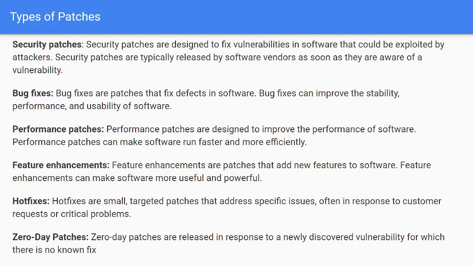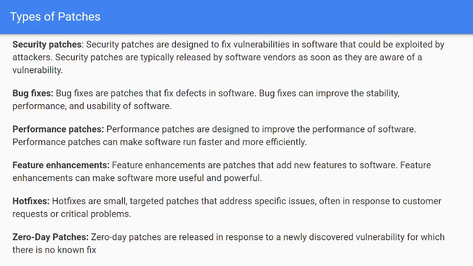So security patches are for fixing security vulnerabilities. When there's a vulnerability here, there's a vulnerability there, and the software vendors push out a patch, the goal of that patch is to fix that vulnerability that was discovered.